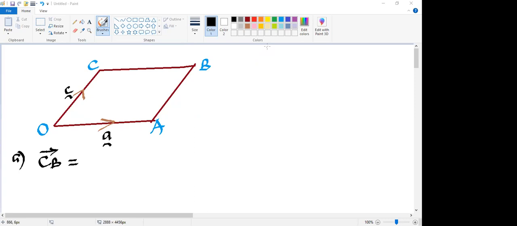I think CB would be OA minus OC, or A minus C. Since it's a parallelogram, these sides are parallel and equal. So OA is equal to CB, meaning CB would be small a.